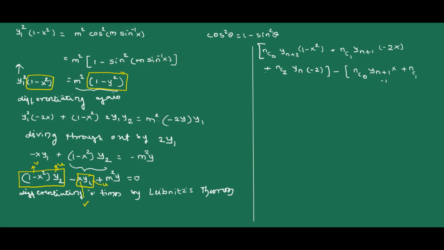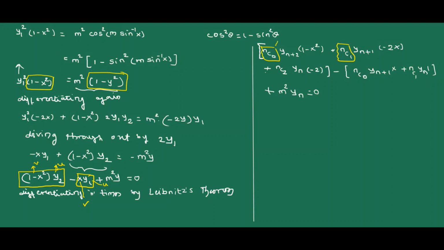Here if you add minus 1 you get y_n, and the differentiation of x is 1. This is the nth derivative of the second term, plus the last term: m square is constant, and the nth derivative of y is y_n, equal to 0. In this case we can write the value of nC0. nC0 value is 1.